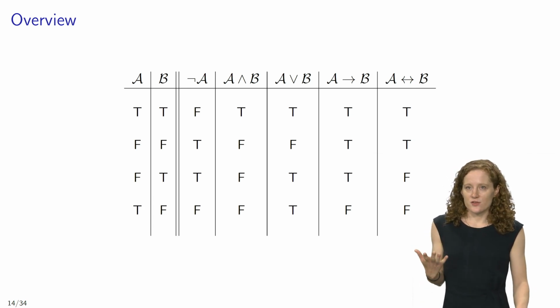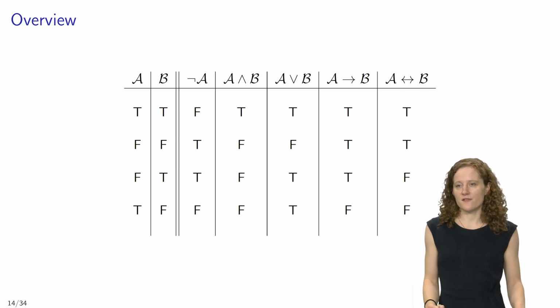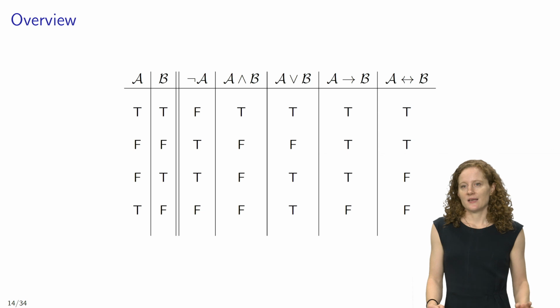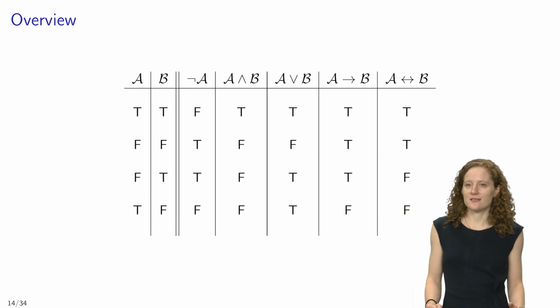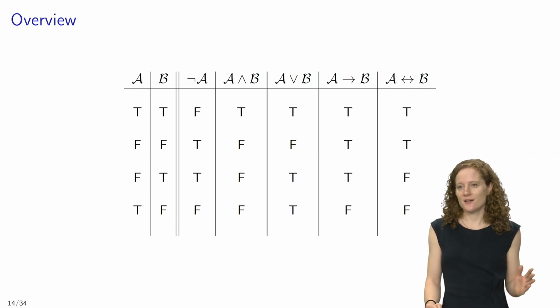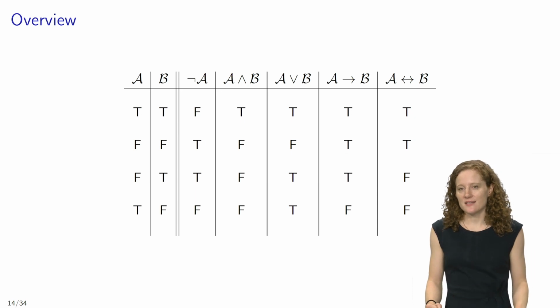And what this truth table brings out is that each one of our 5 Boolean connectives is truth functional, since we can represent the truth value of sentences that have any of these Boolean connectives as their main connective as a function of the truth values of its constituent parts.